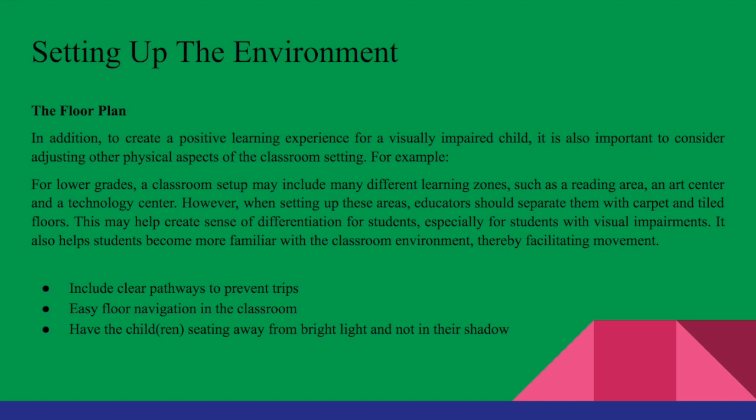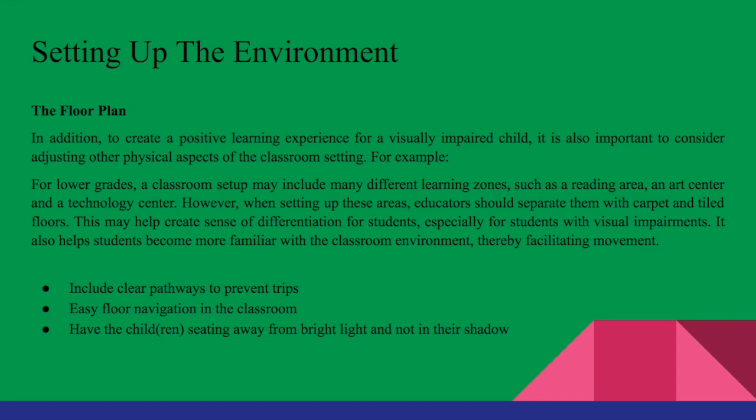In addition, to create a positive learning experience for visually impaired child or children, it is also important to consider adjusting the physical aspect of the classroom setting. For example, for lower grades, a classroom setup may include many different learning zones, such as a reading area, an art center, and a technology center.